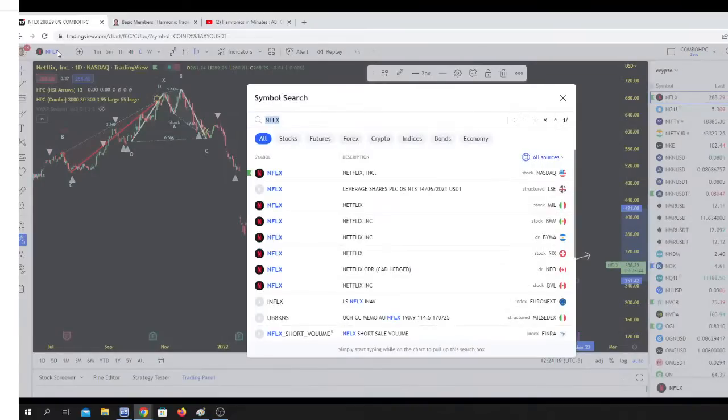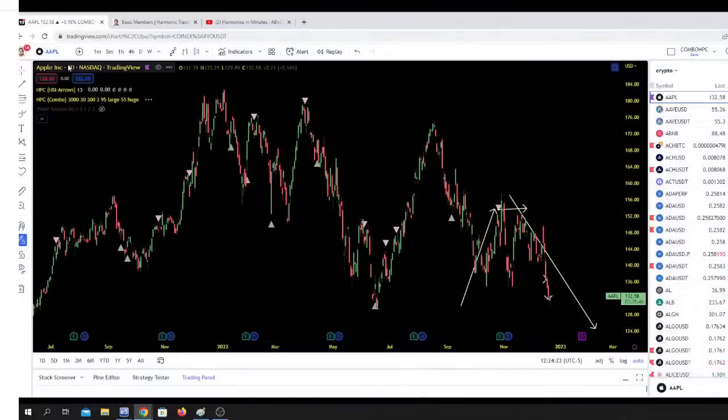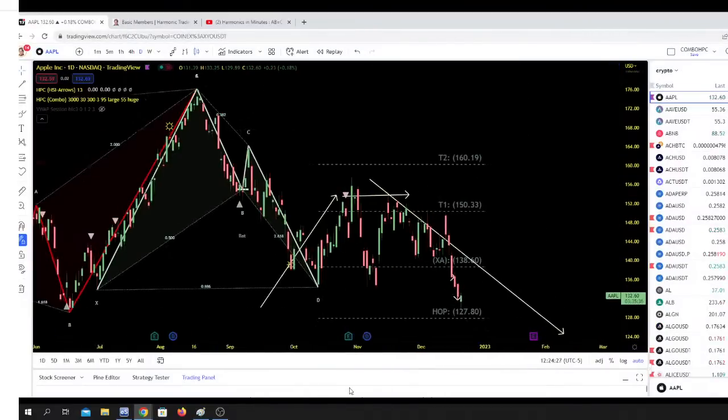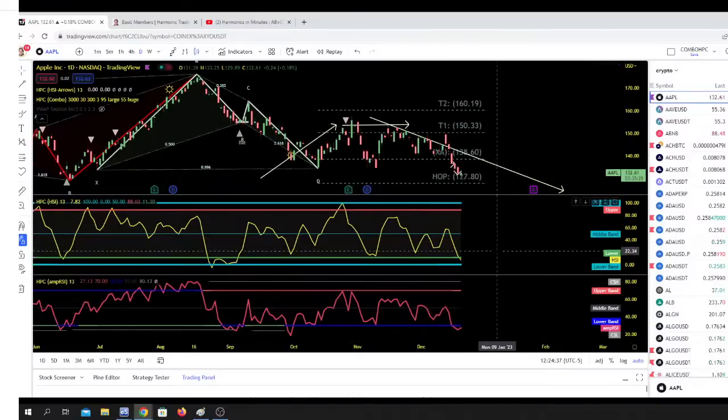So I say this, and I went over these yesterday. Apple is there now, some of the bigger ones. Apple is back, full test of the zone, just shy of the hop level at 127.80. The low today, 129.89.